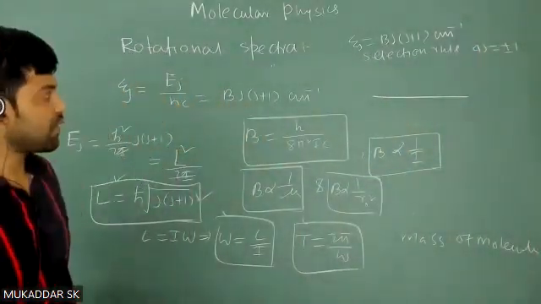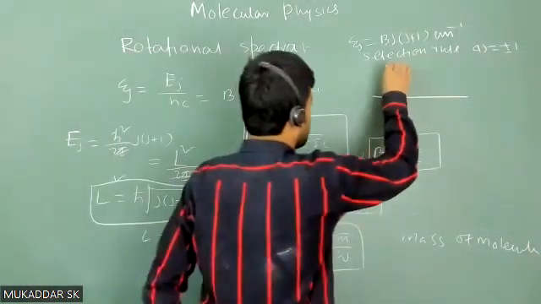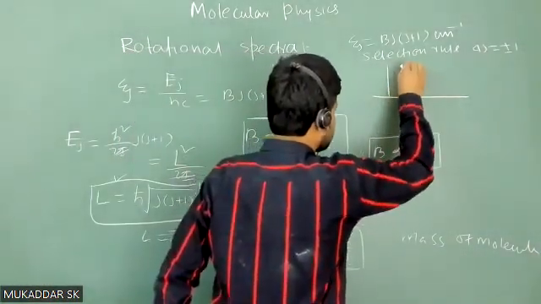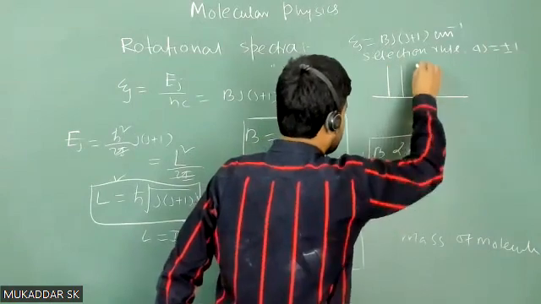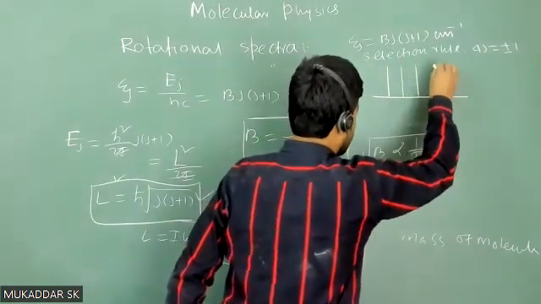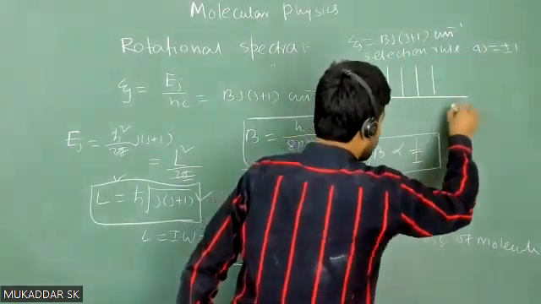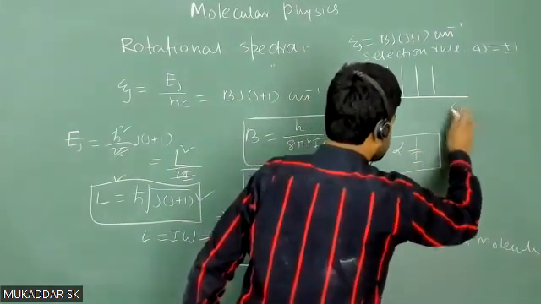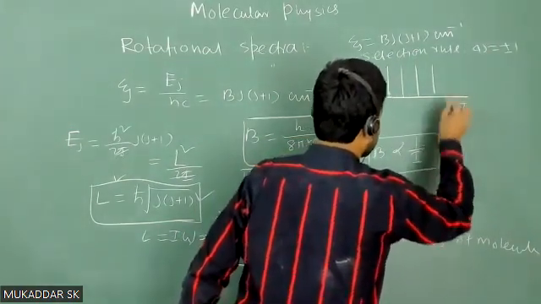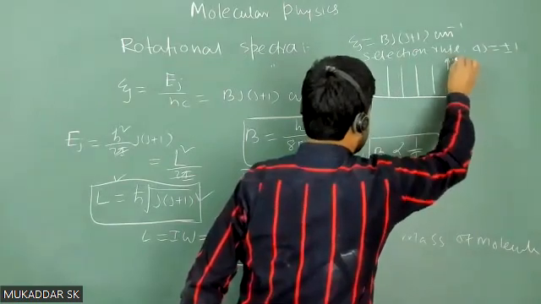And if you see that spectrum for rotational spectra, that spectrum will contain many lines, but they are equally spaced. This side you have wave number in centimeter inverse, and this side you have intensity.